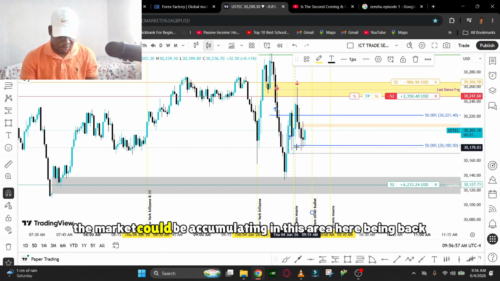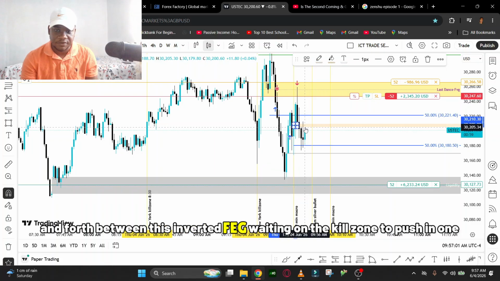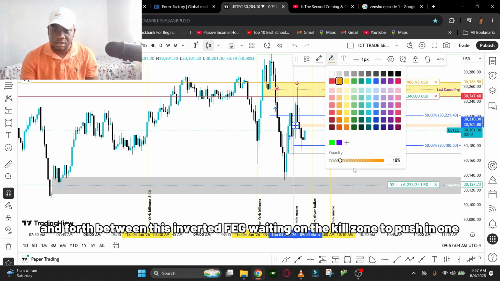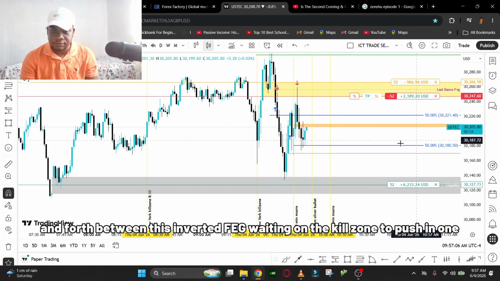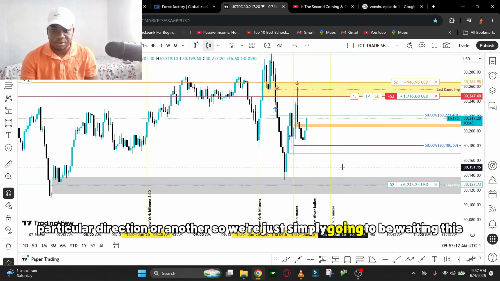The market could be accumulating in this area here, being back and forth between this inverted FEG, waiting on the kill zone to push in one particular direction or another. So we're just simply going to be waiting.